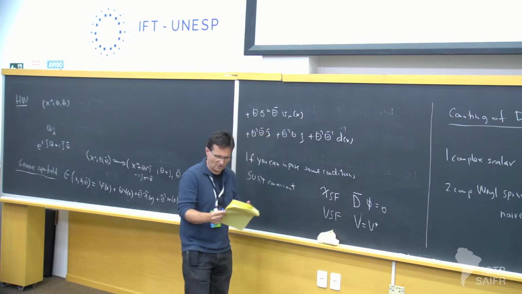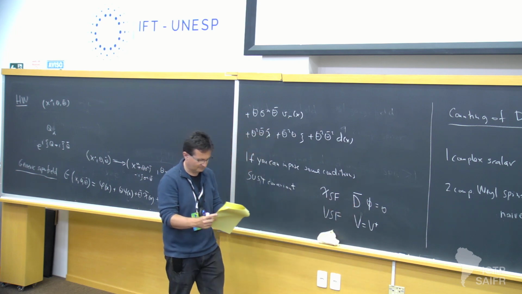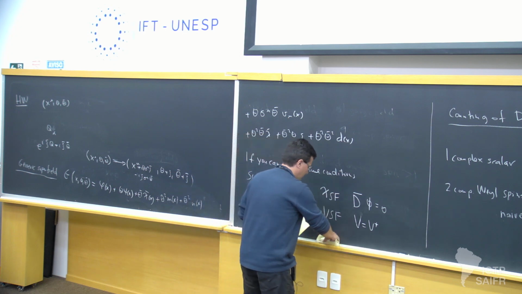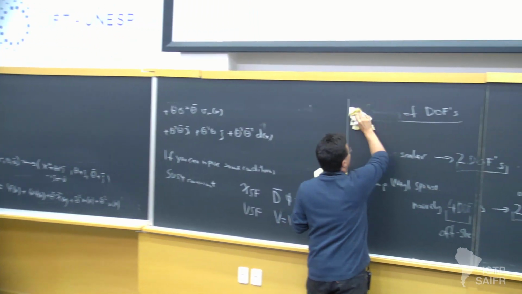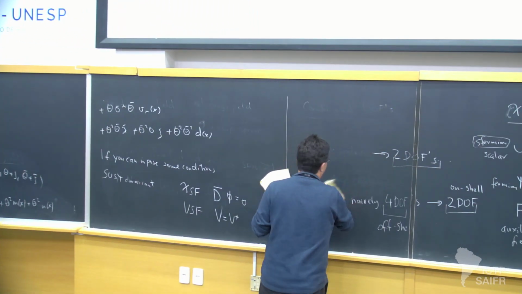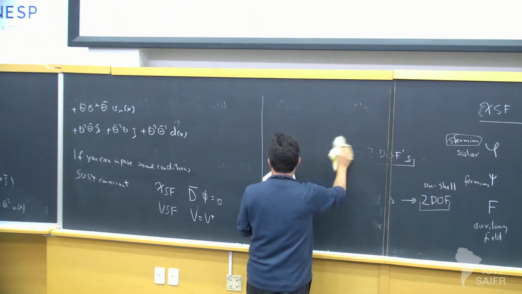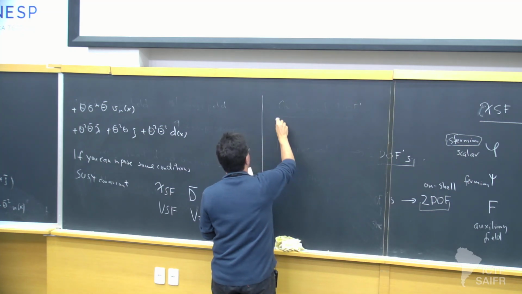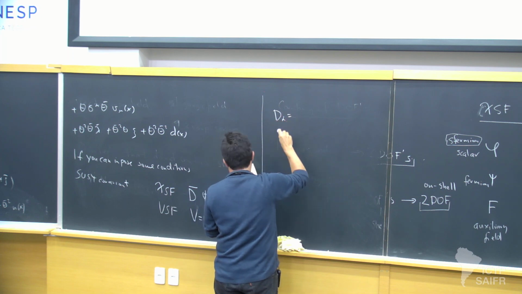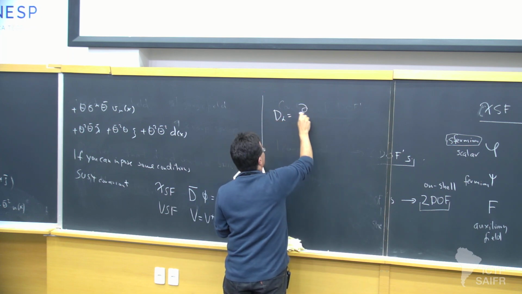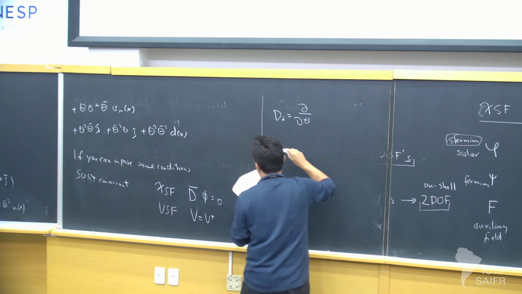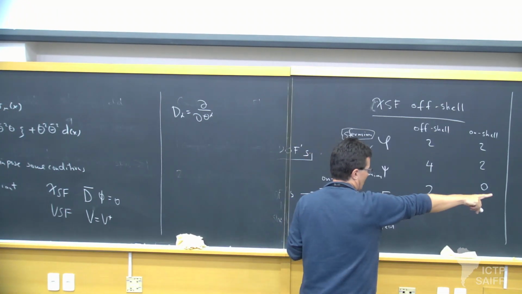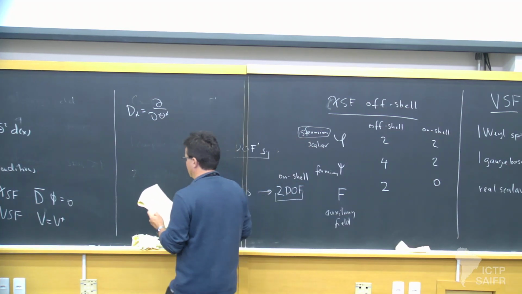There is a version of the super covariant derivative, D alpha. That's a derivative with respect to the Grassmannian variable, the one that we defined our superspace.